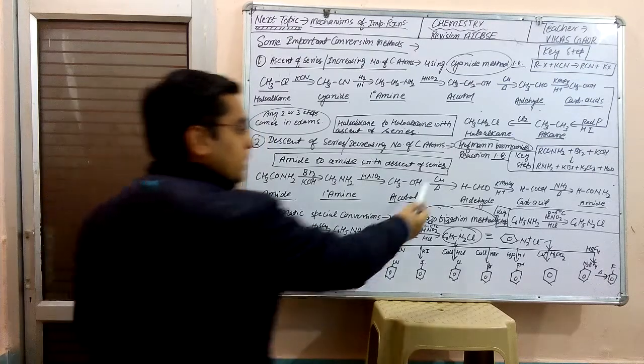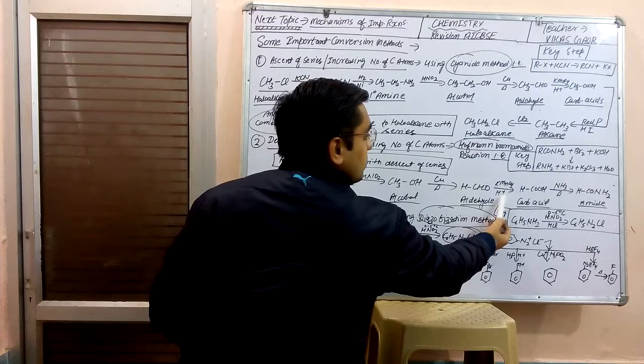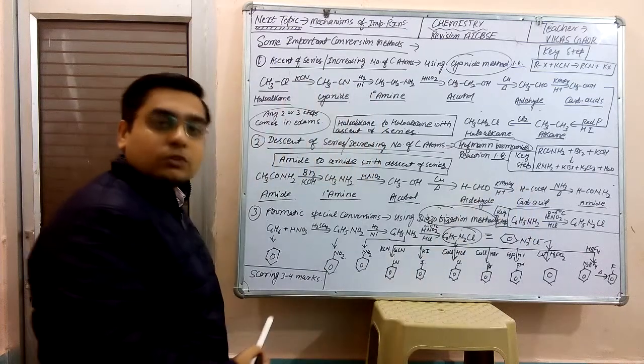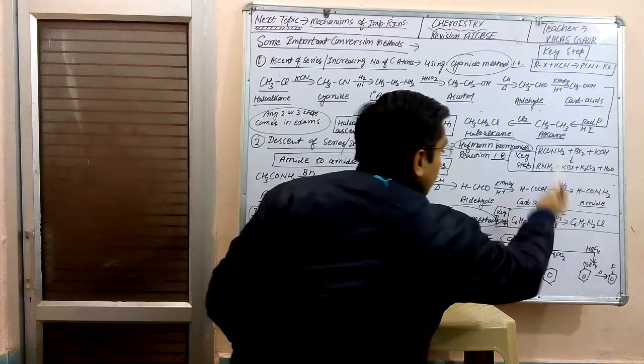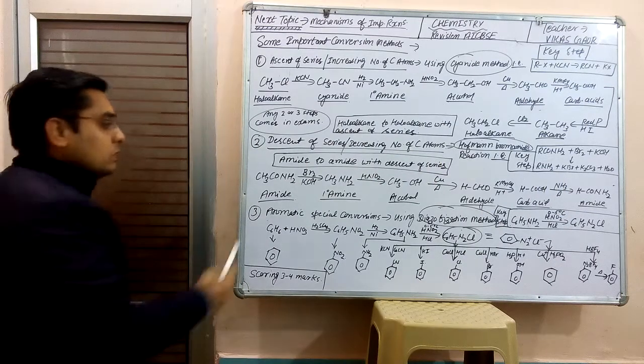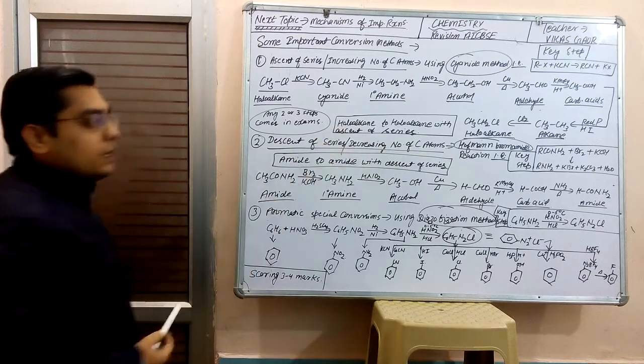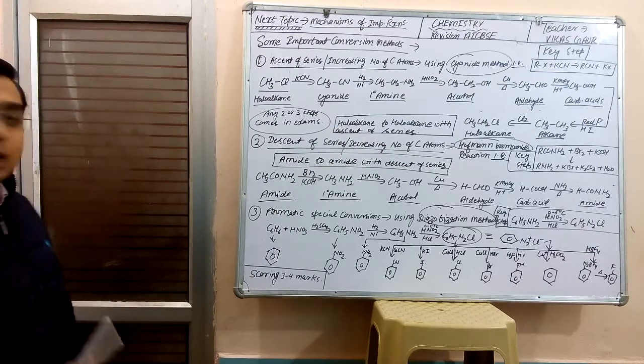In presence of copper it again forms the corresponding aldehyde. In presence of KMnO4 and H positive, means oxidation, it forms the corresponding carboxylic acid, and in presence of ammonia on heating forms the corresponding amide HCONH2, means from CH3CONH2 with 2 carbons to HCONH2 with 1 carbon atom.